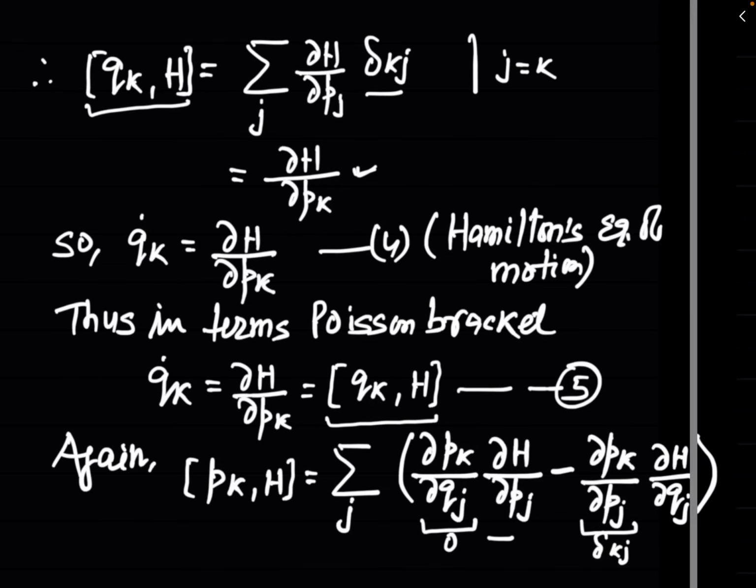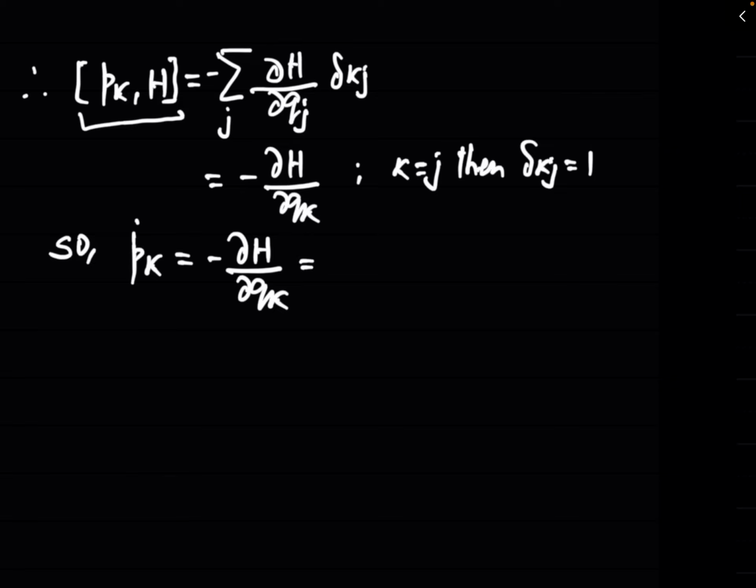And as you know, this is the second equation of Hamilton. And so this will be equal to the Poisson bracket of pk and h.